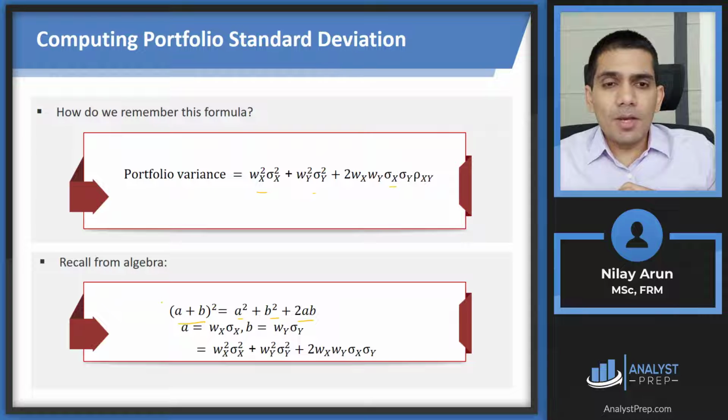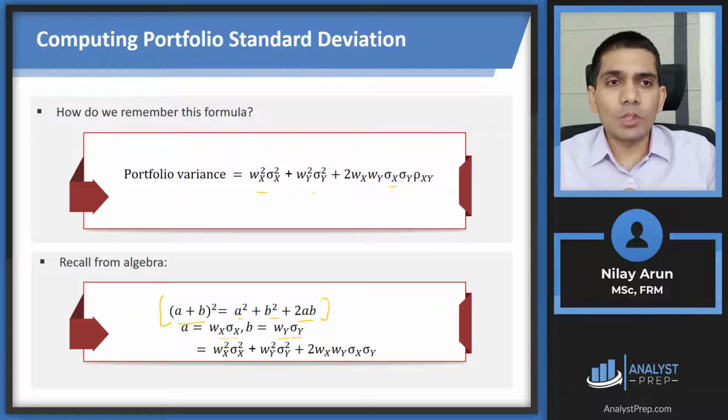Now let's compare these two equations. Do you see any similarity here? A square. So we have wx and sigma x. What if we take a as wx and sigma x and we square it? You get exactly the same thing here. Similarly, if we take b as wy sigma y and we square it, you get the second term.